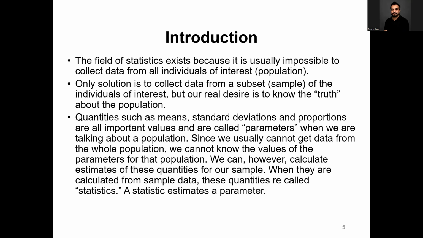Let's say I want to do some study on type 2 diabetes in the US. Is it possible to do measurements on all people with diabetes in the US? It's not possible. So for that reason, I would collect data from a subset of the population, of the individuals of interest, which is people with type 2 diabetes.